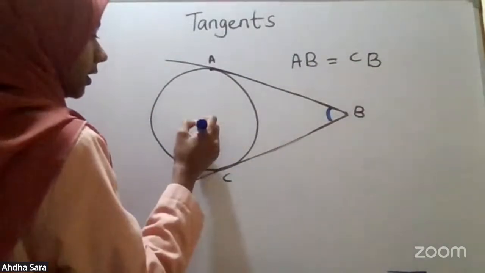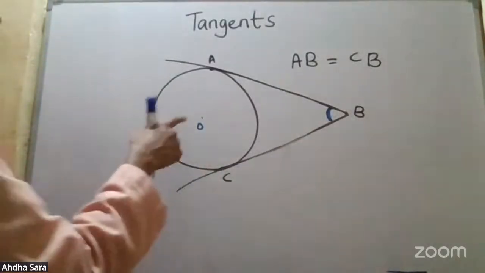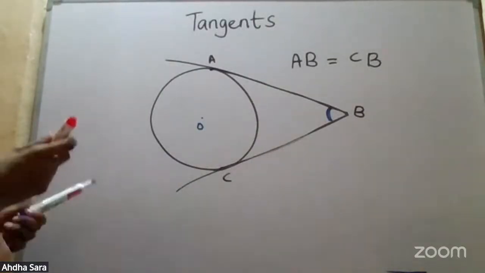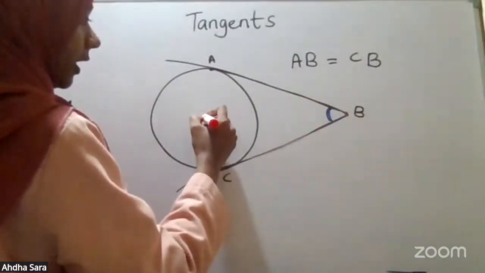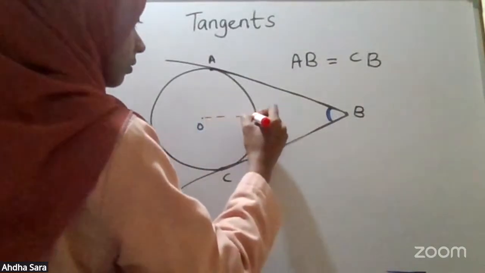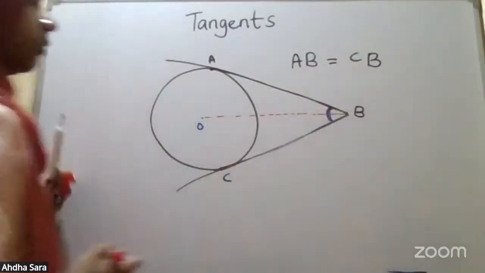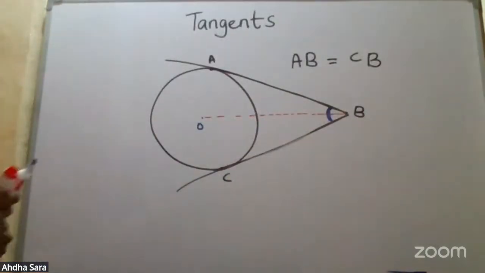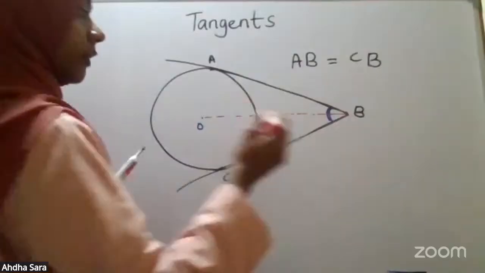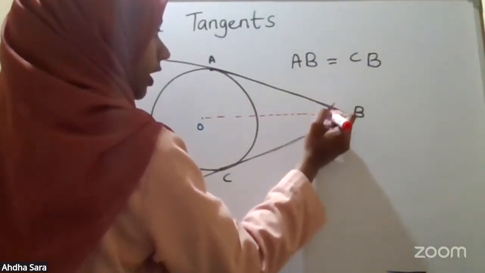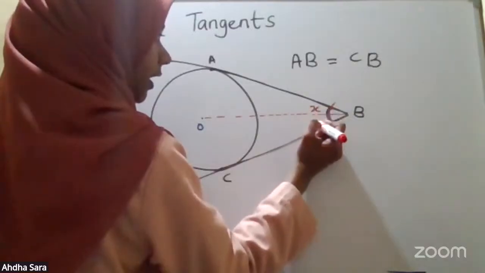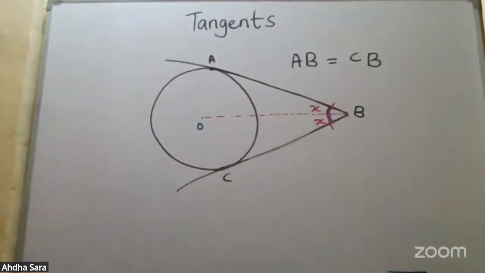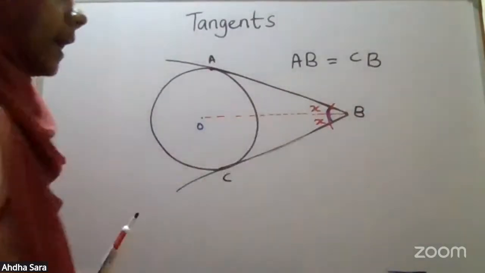And the point in the center is O. If a line is drawn from the center to the point B, this angle will be bisected, and you get equal values for these two angles.